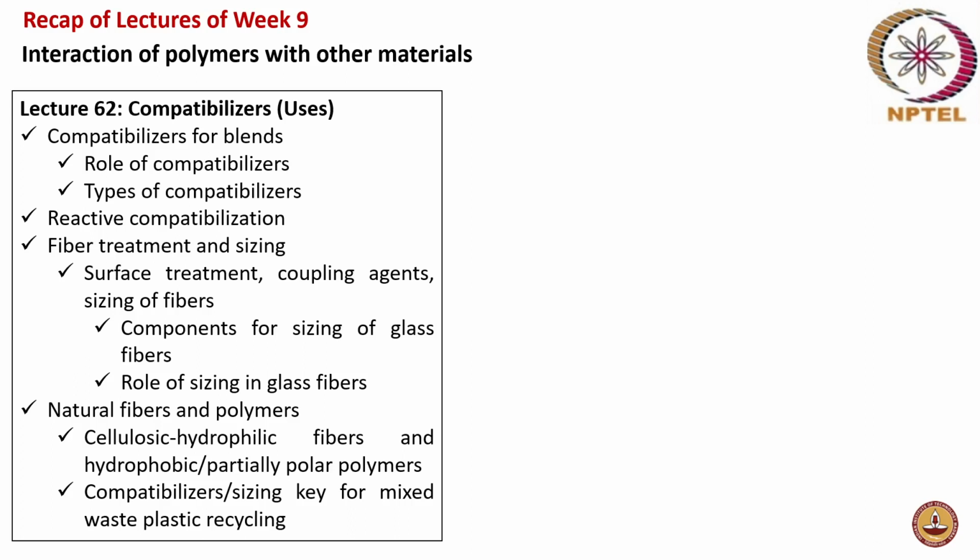In case of reactive compatibilization, there will be end groups which can react with the backbone of the second polymer, so a better blend is formed between the two polymers. There can also be cross-linking reactions, or ionic bonds formed by these compatibilizers. These are examples of the reactive compatibilizers discussed in the lecture.